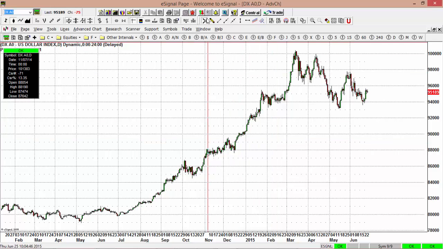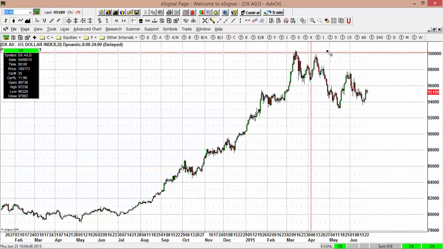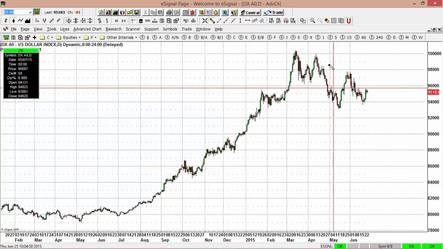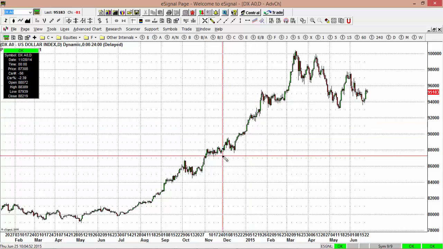And as we can see here, the market is in a consolidation pattern.